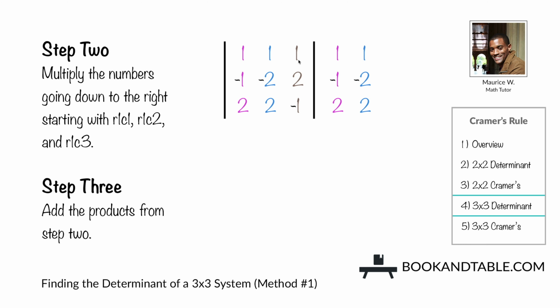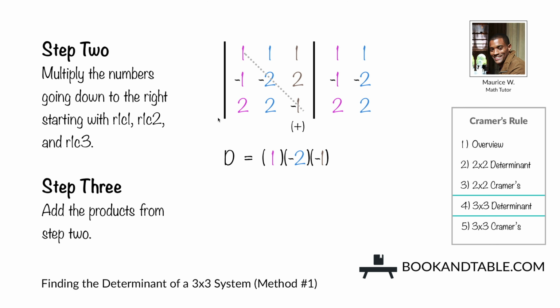So when we multiply going down to the right, starting with row 1, column 1, we multiply +1 times -2 times -1. And what we're going to do is add the products from this step. So we multiply these numbers, put a positive in front of it. Since it's positive, we can just leave it as is.